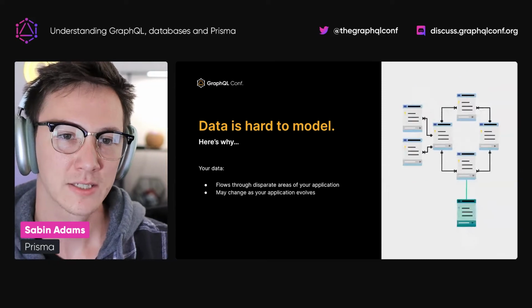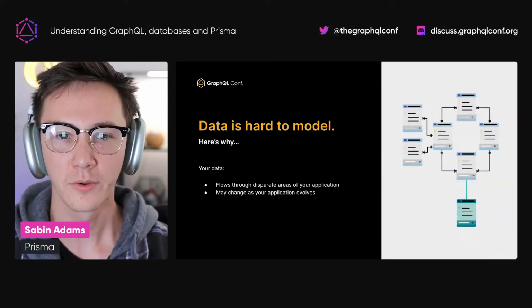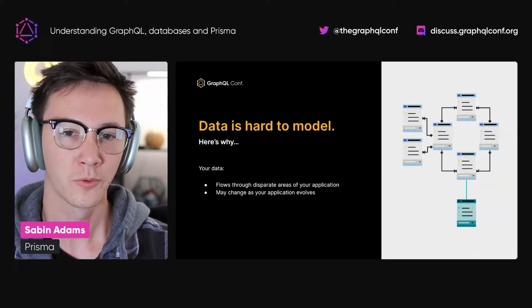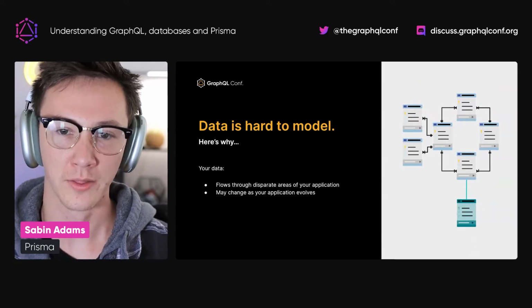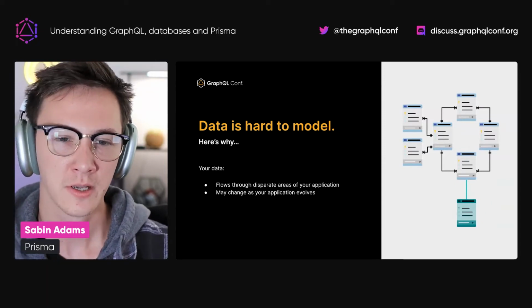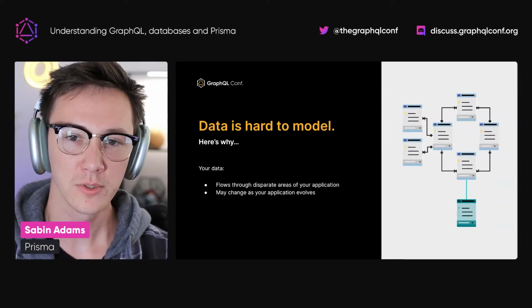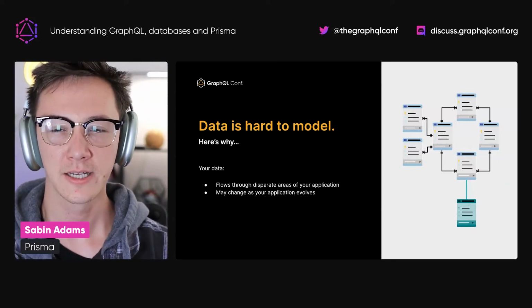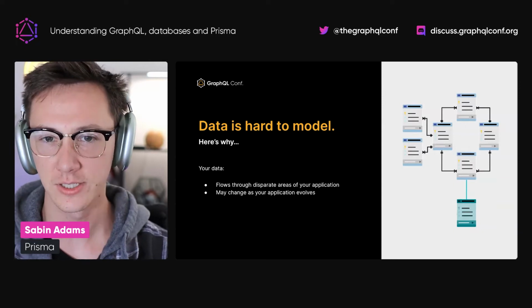The next thing that makes modeling data pretty difficult is the fact that your application can change, and that will cause your data to change as well. The shape of your data, maybe you've added or removed fields, maybe you've changed fields, maybe as your application grows, a new relationship is made between different nodes in your data. And these are all signs of healthy growth of an application. This is actually a good thing.